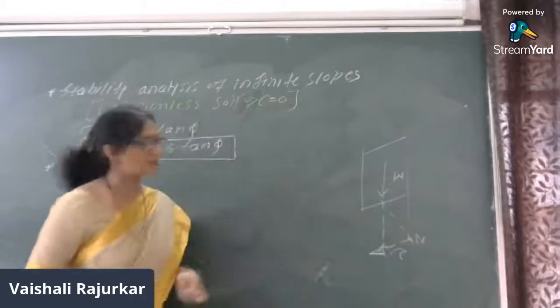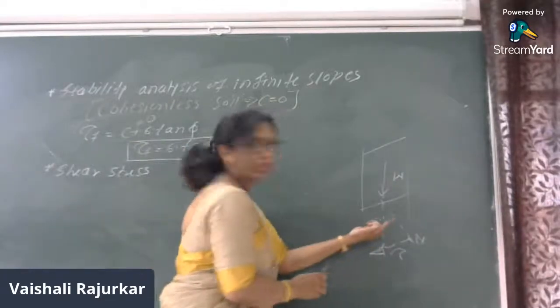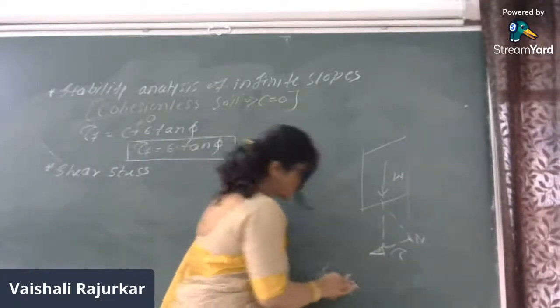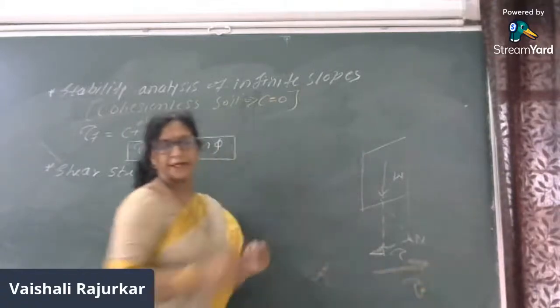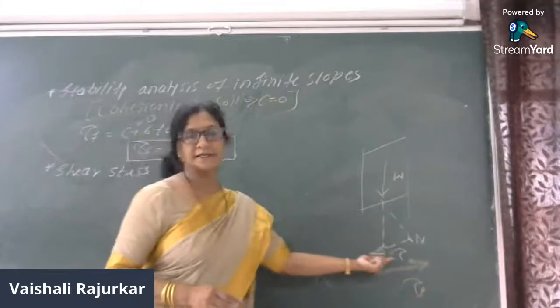This is the shear stress. Shear stress is moving in the downward direction, and the resisting force is moving in the opposite direction. So how will you get this tau?